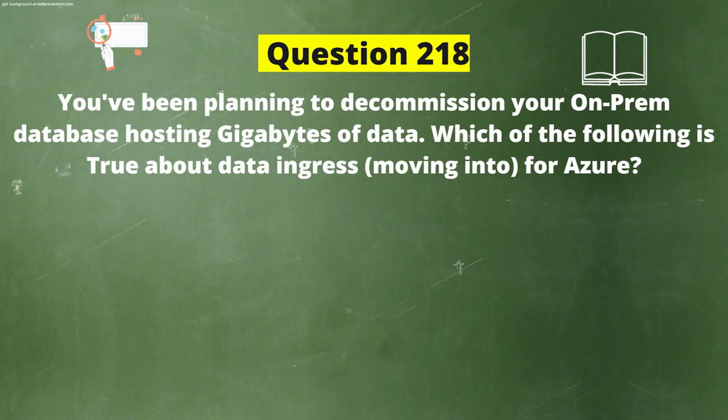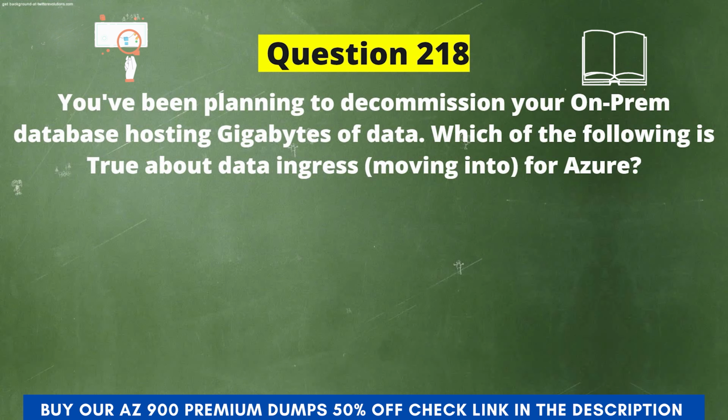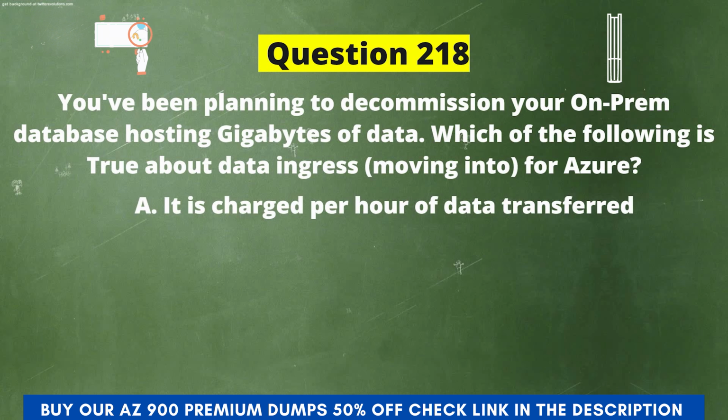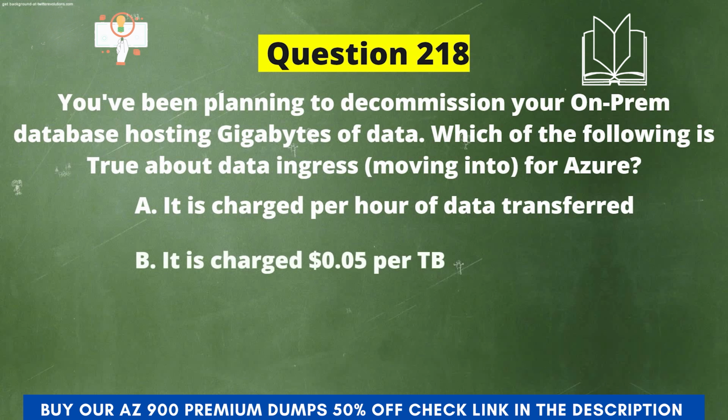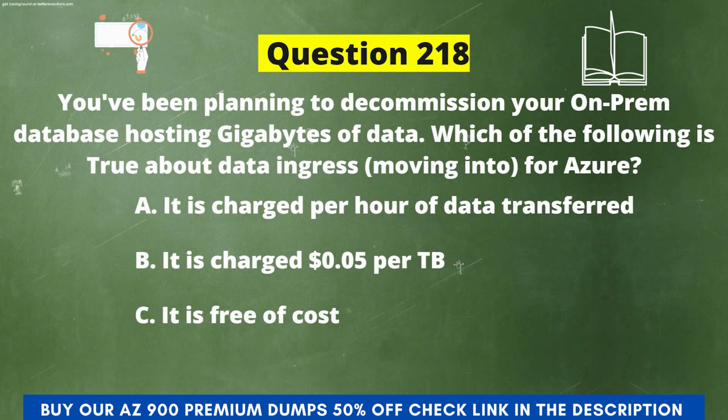Next question. You have been planning to decommission your on-prem database hosting gigabytes of data. Which of the following is true about data ingress moving into Azure? And the options are A. It is charged per hour of data transferred. B. It is charged $0.05 per TB. C. It is free of cost.